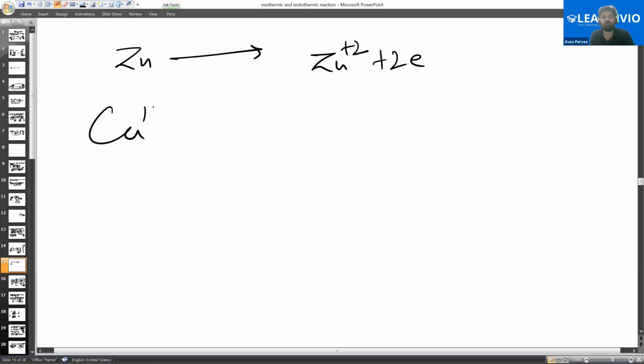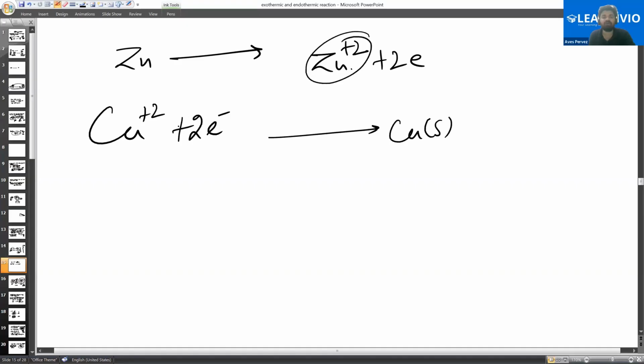Cu2+ to Cu solid is only possible when it receives 2 electrons. The 2 negative charges will cancel the 2 positive charges. So zinc is giving its 2 electrons to the copper, and copper is receiving those 2 electrons.